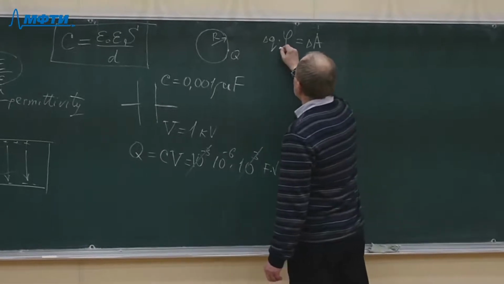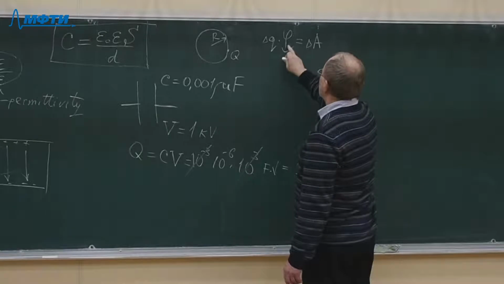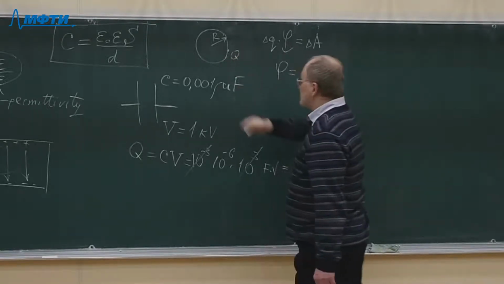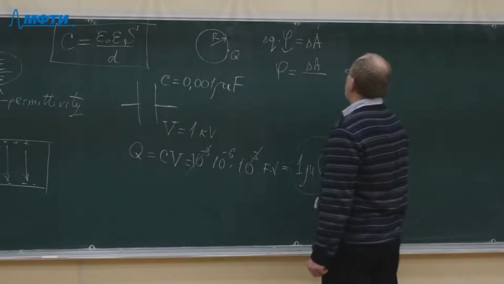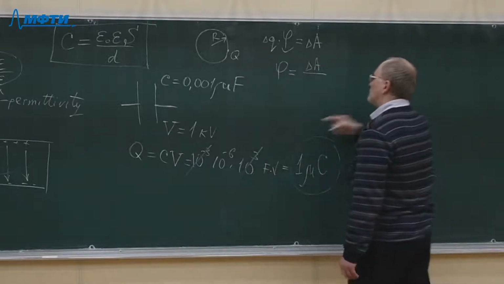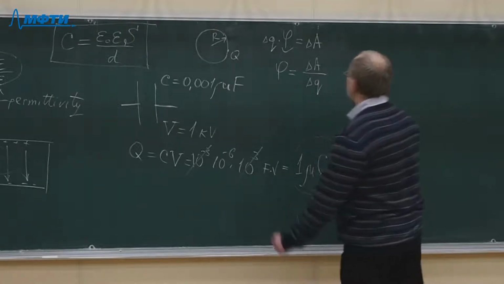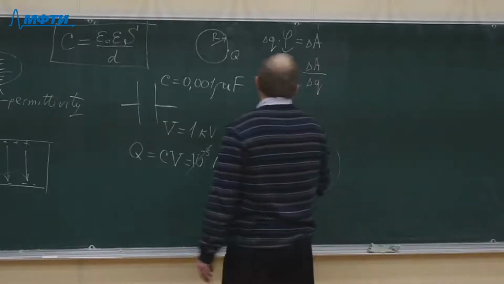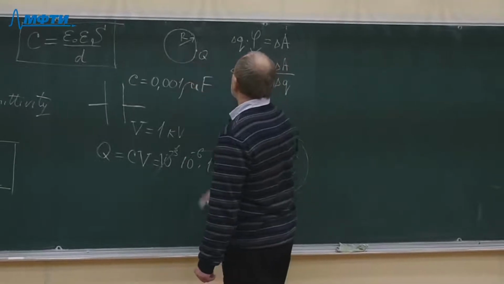This is the definition: the potential of the surface of any conductor is the work which the field will perform if some element of charge is moved to infinity from the surface of this conductor, divided by this quantity of charge which will move to infinity. Based on this definition of potential, we can easily find the potential.